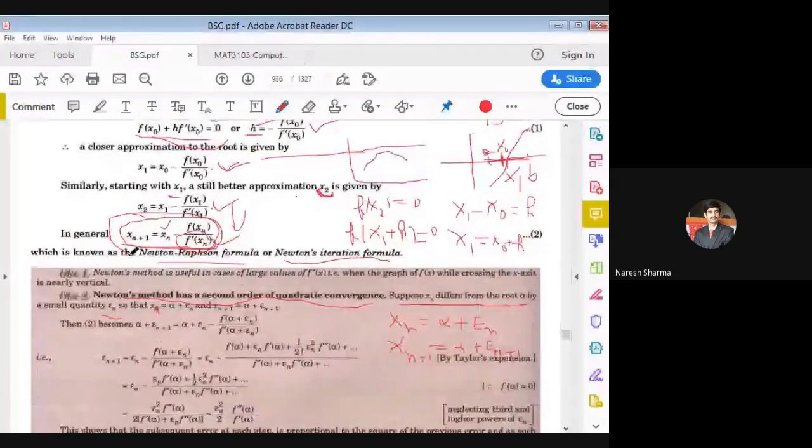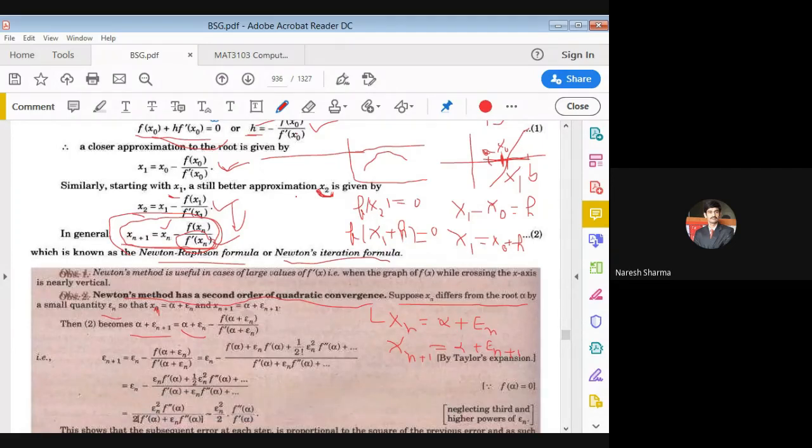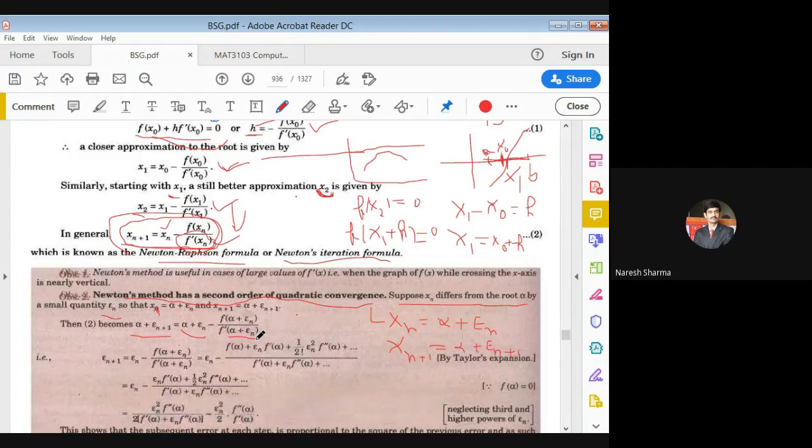If we put the value of xn plus 1 here, that gives alpha plus epsilon n plus 1 is equal to xn, then the approximation value of xn is alpha plus epsilon n, minus f of xn. Xn means alpha plus epsilon n, and divided by f dash xn, that is alpha plus epsilon.